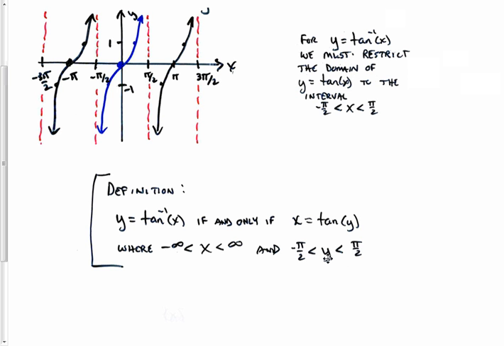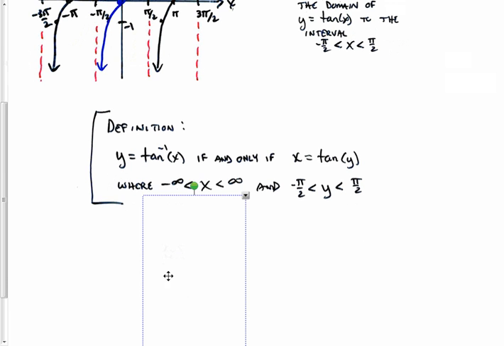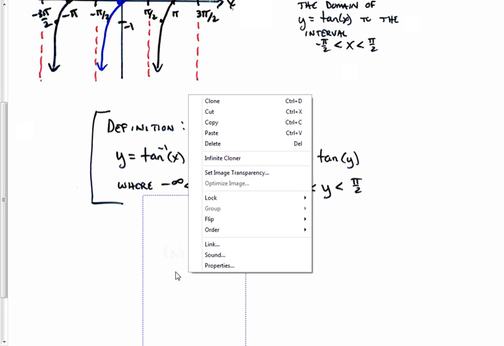So the outputs of this inverse tangent function are y values between negative pi over 2 and positive pi over 2, but they can never be negative pi over 2 or positive pi over 2, because the tangent function is not defined there.